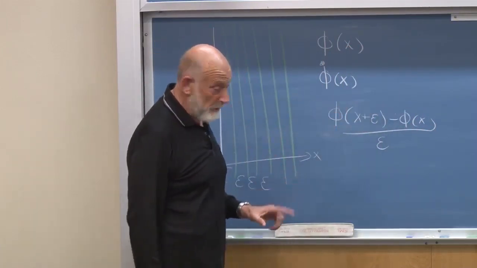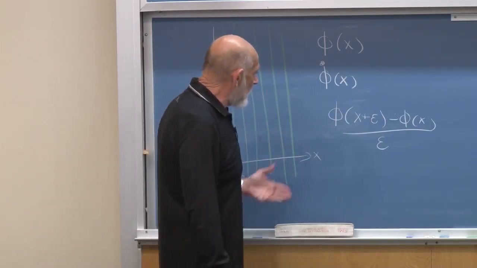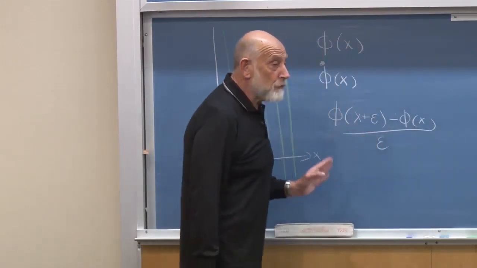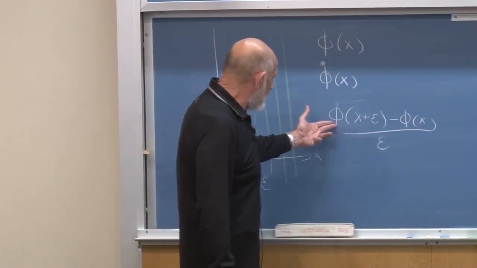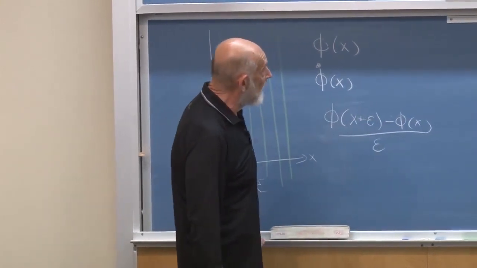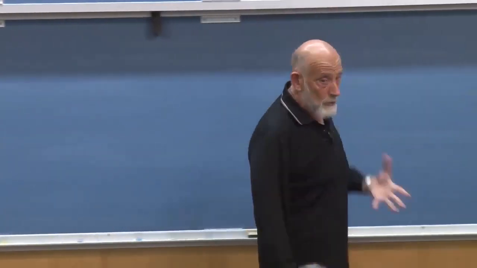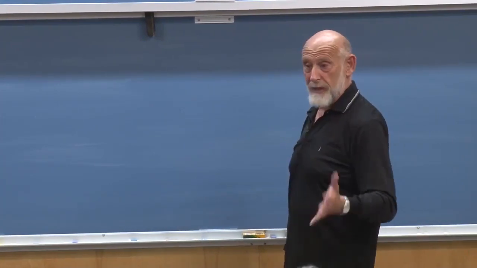The most important thing is it doesn't involve phi dot. So in places where the Lagrangian might depend on spatial derivatives, that's really part of its dependence on the phi's. In this case, it might depend on two phi's at the same time, but there's nothing to say that a Lagrangian can't depend on two q's at the same time. It could depend on q1 minus q2 or something like that.